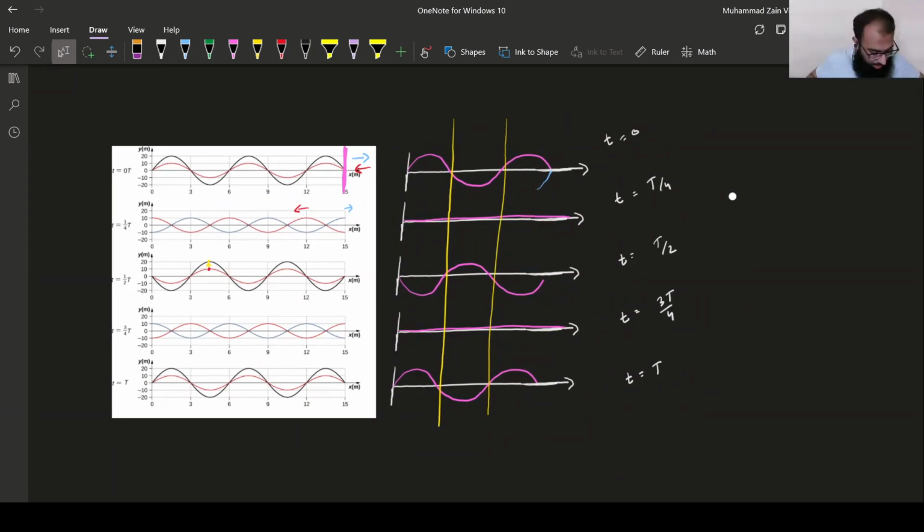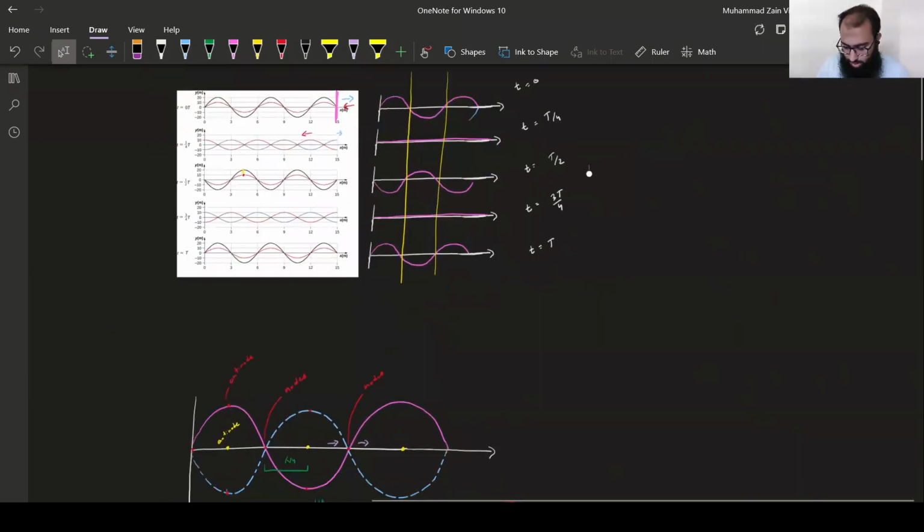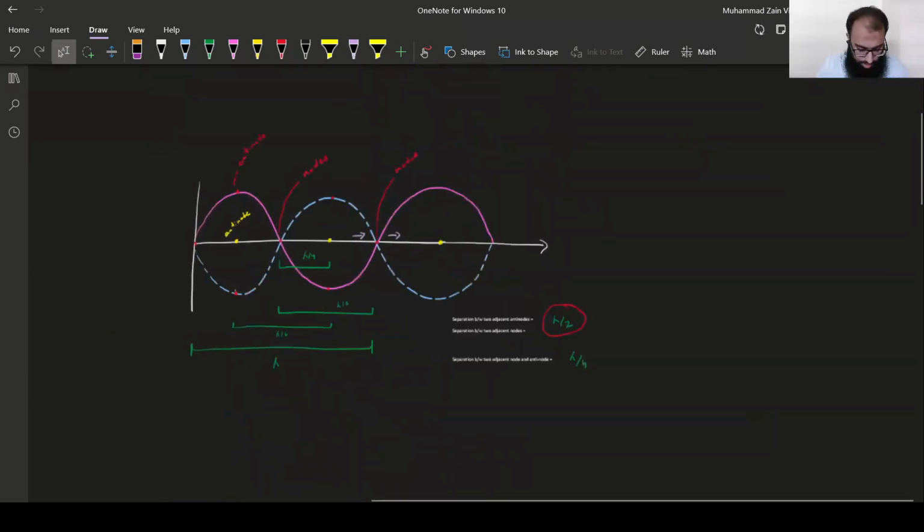After another quarter time period, which is after half the time period, we have a wave which is exactly the reverse of the wave initially. Then again the same pattern until we get time t equals T, where one whole time period has been completed. So this is just a diagram of a stationary wave.